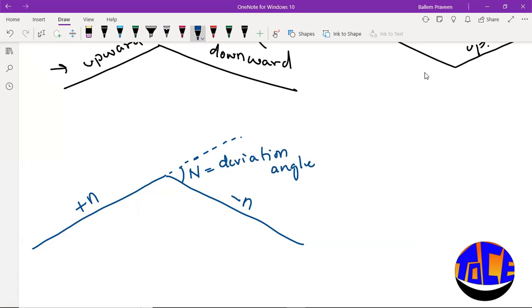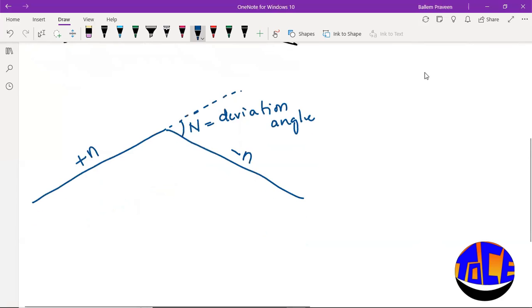Sometimes they say deviation angle, and sometimes difference in gradient. This n is the absolute difference of both the gradients.